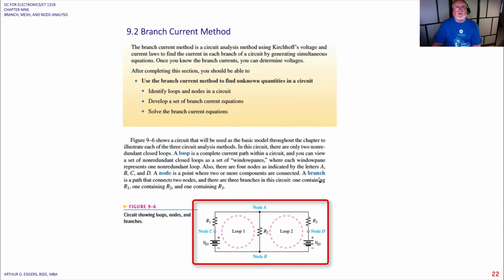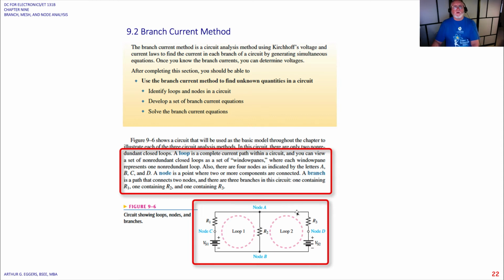in a simple circuit. Okay, so a loop is a complete current path within a circuit, and you can view a set of non-redundant closed loops as a set of, quote, window panes, where each window pane represents one non-redundant loop. Also, there are 4 nodes as indicated by the letters A, B, C, and D. So we've seen now in many examples here that the nodes are the way that the current moves in and out of.